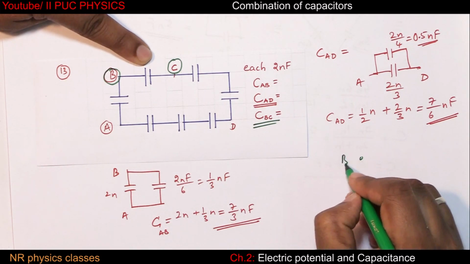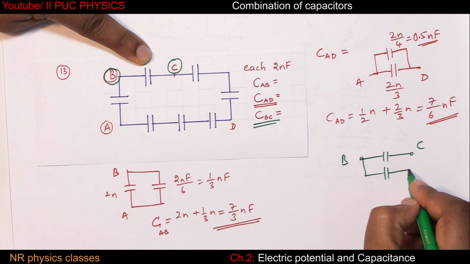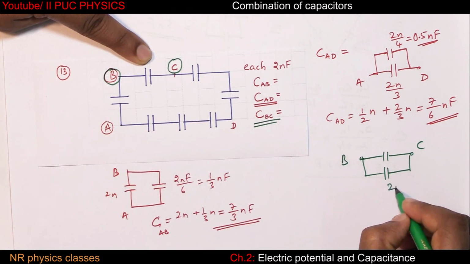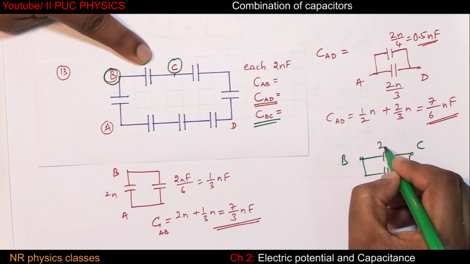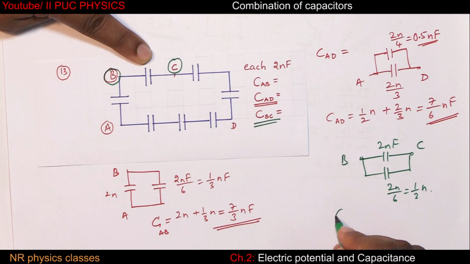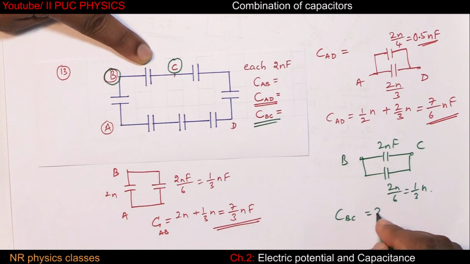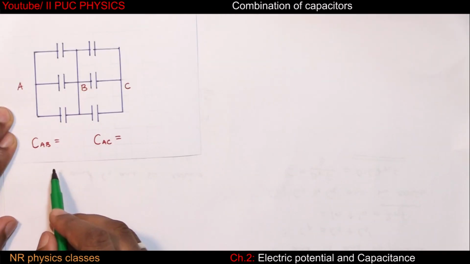This is B. This is C. 1, 2, 3, 4, 5, 6 means 2 nano by 6 equal to 1 by 3 nano. This is 2 nanofarad. Therefore, CBC is parallel of these two. 2 nano plus 1 by 3 nano equal to 7 by 3 nanofarad.